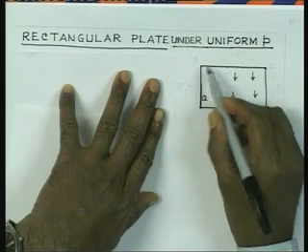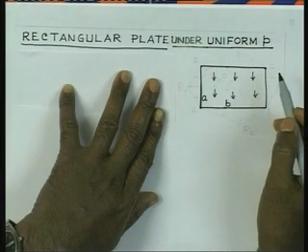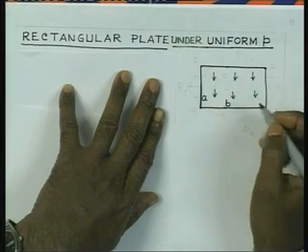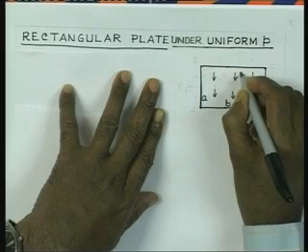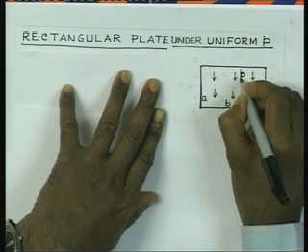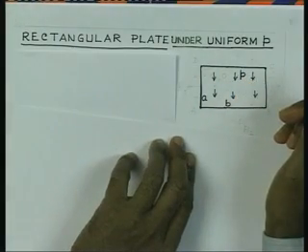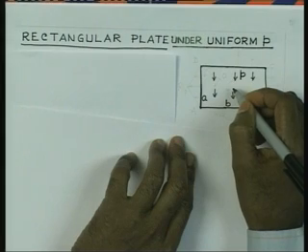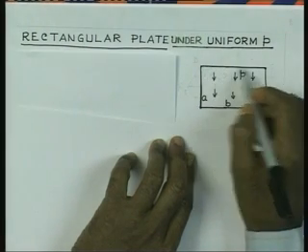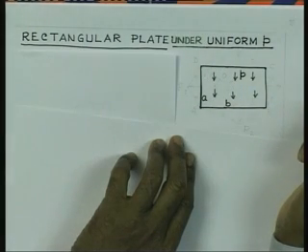The plate is simply supported at its outer boundary and the pressure loading is P. Obviously, the reaction over the boundary is not going to be uniform as in the case of circular plate.